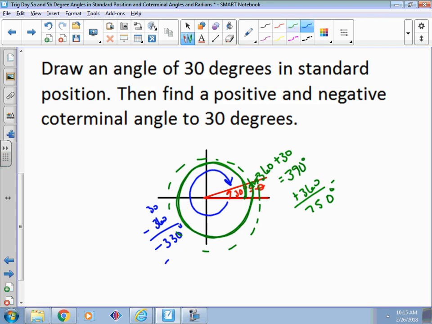Hey, if I wanted to go around another circle just because I can, I could subtract an additional 360 degrees from negative 330 degrees, and get negative 690 degrees would be an additional negative coterminal angle. That would just mean that I would have gone around the circle one more time. So you can go around as many times as you want to, but the smallest negative coterminal angle would have been negative 330 degrees, and the smallest positive coterminal angle would have been that positive 390 degrees.